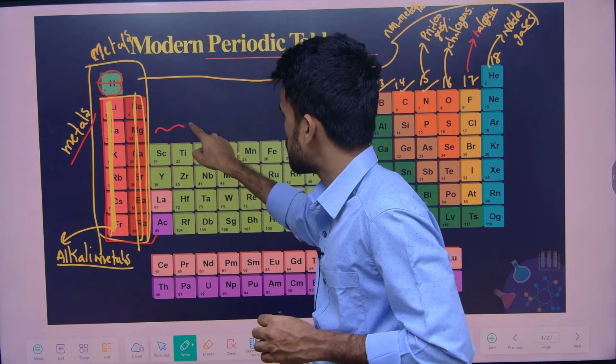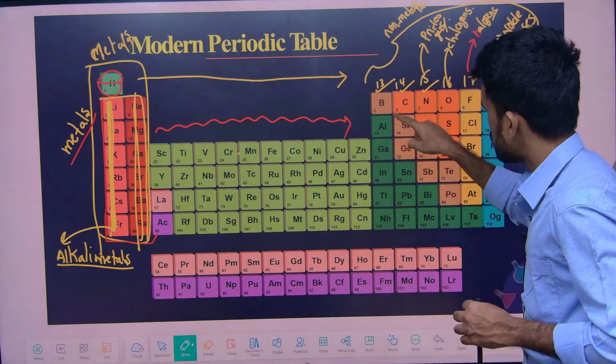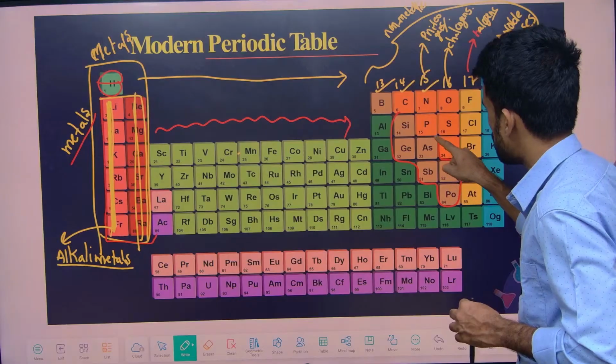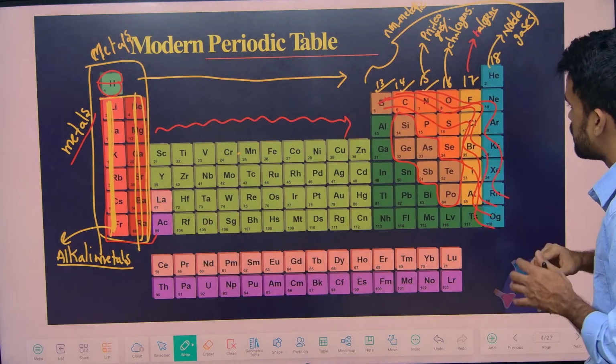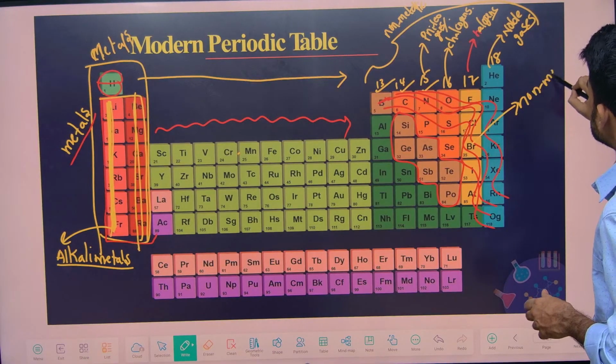So as I move from these metals like this, you are going to see some set of elements like this. These are called metalloids. And the remaining elements on this side are called non-metals.